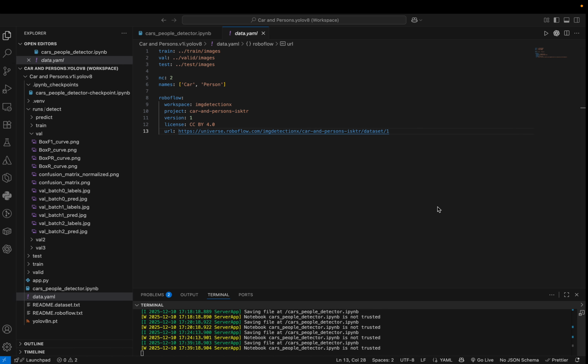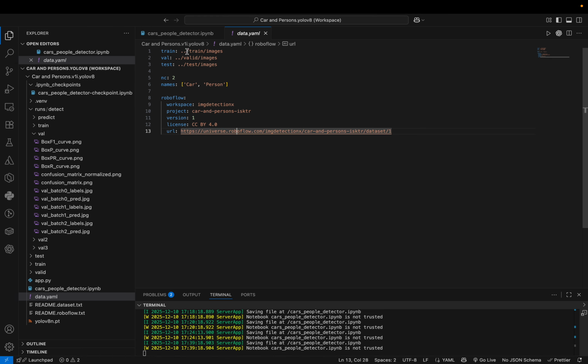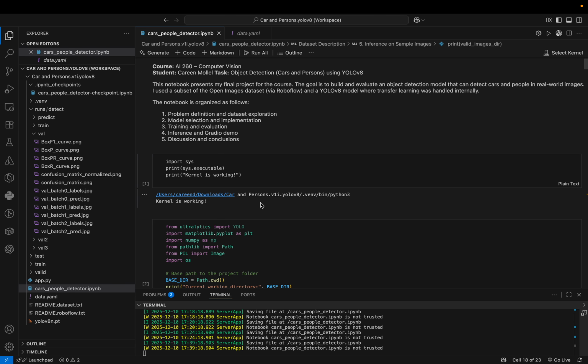And this is very important because the training set has to be at least 80% to 90% of the data set, and the validation set is between 10 to 20%, and test is even lower, maybe 5 to 10%, but mostly 10 to 20% of the data set should be test.